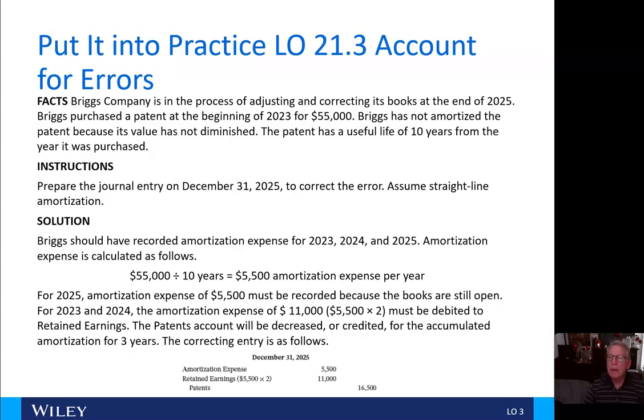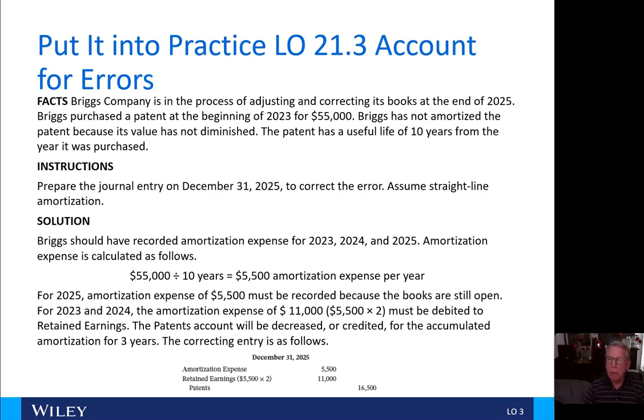Okay. Now, if we put this into practice for accounting for errors here, the Briggs Company is in the process of adjusting and correcting its books at the end of 2025. Briggs purchased a patent at the beginning of 2023 for $55,000.